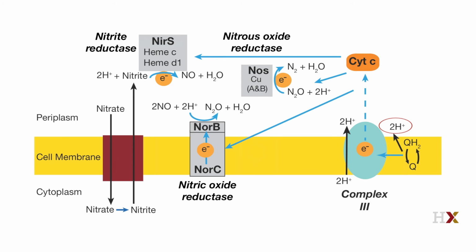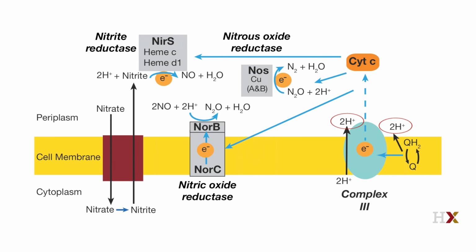The protons that were also released by the oxidation of ubiquinol end up in the periplasm. Furthermore, the transport of electrons through complex 3 will be coupled with the transport of protons from the cytoplasm to the periplasm.